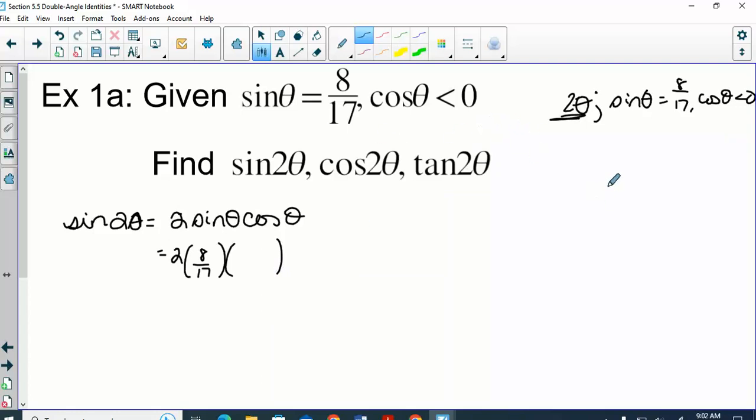Let's just go back. At the beginning of the year, we did triangles a lot, right? Sine is positive, so we know it's either quadrant 1 or 2. If cosine is negative, what quadrant are you in? Quadrant 2. Think SOHCAHTOA. Sine is opposite over hypotenuse. How would you find this other side? Take a variable for the other side, say x squared plus 8 squared equals 17 squared.